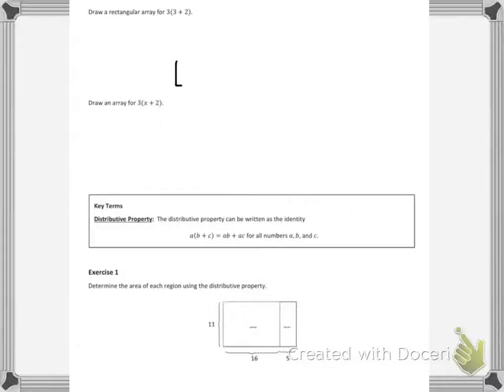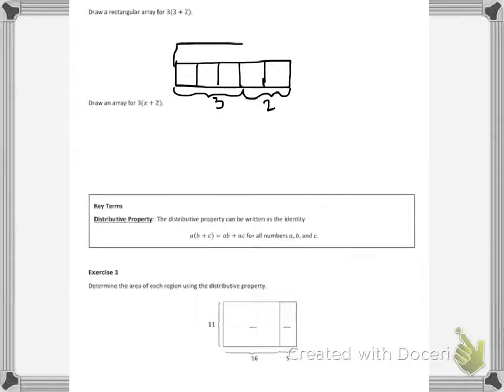So if I did my first 3 plus 2, 1, 2, 3, 4, 5, here's my 3 plus 2. I have mine, that's my tape diagram. And now, if I want to times it by 3, I will just go ahead and do another one on top, and then another one on top of that.